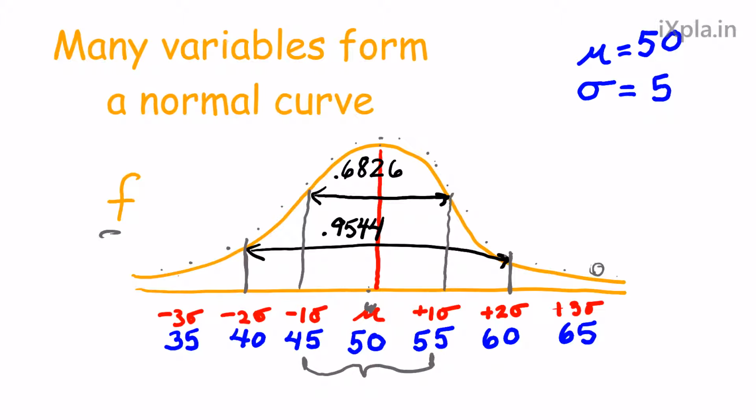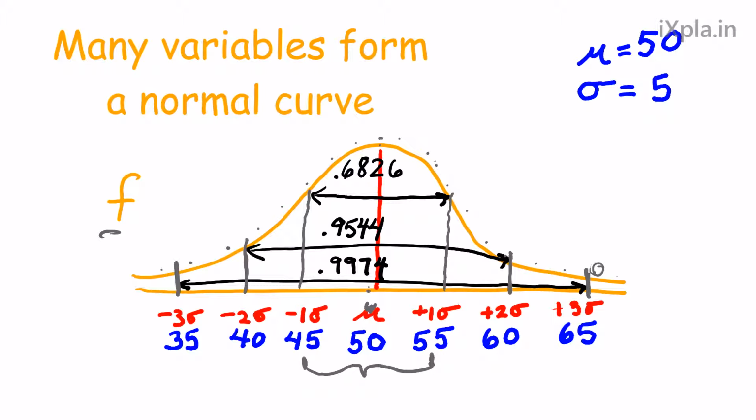And more than 95% are between 2 standard deviations below and above. And then we can go out one more, and we can see that virtually all of the scores are going to be between -3 standard deviations and +3 standard deviations.